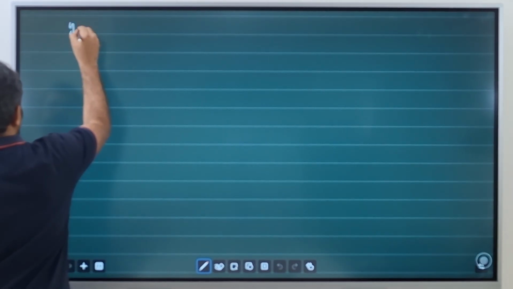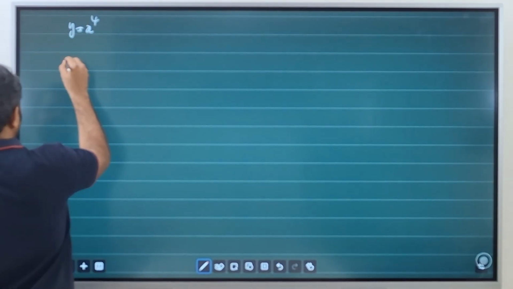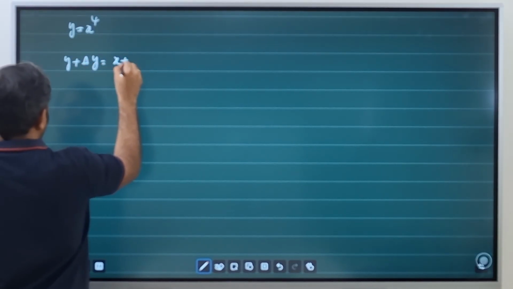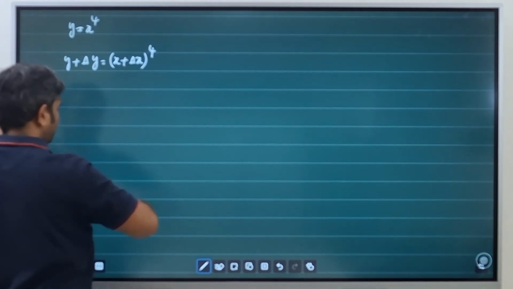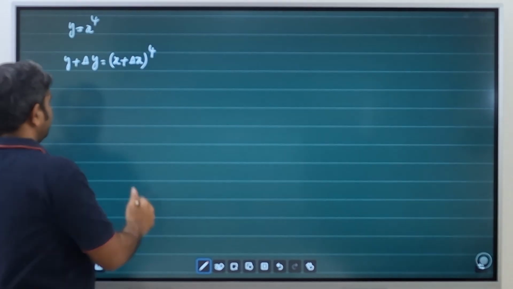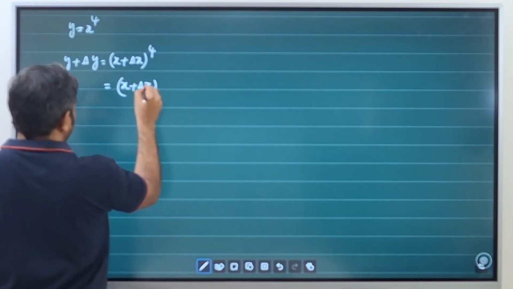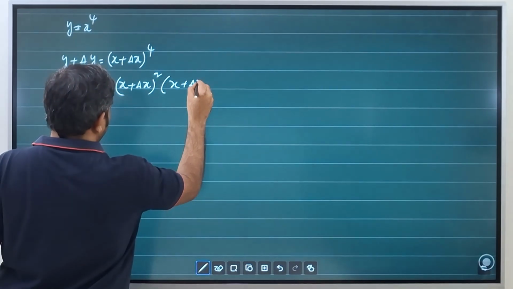Take y is equal to x power 4 and try this. If you take y is equal to x power 4, y plus delta y is equal to x plus delta x whole power 4. You can write it as x plus delta x whole square into x plus delta x whole square.